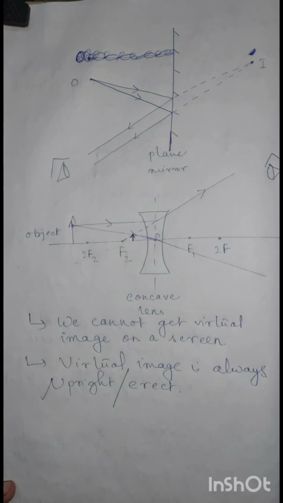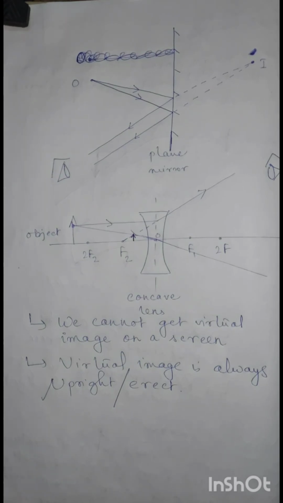And when the reflected and refracted rays are not getting intersected, then we get a virtual image.